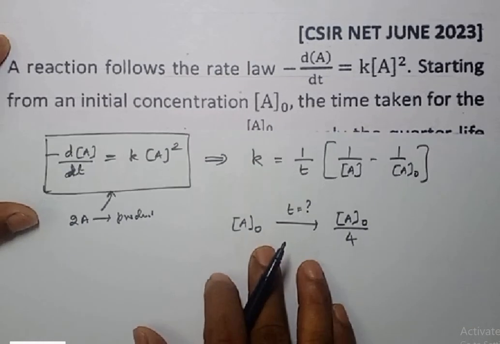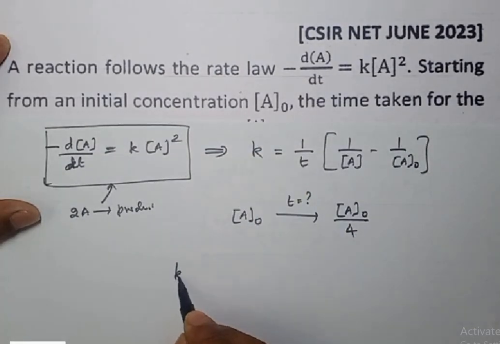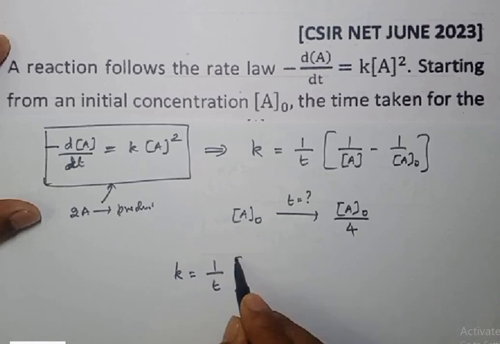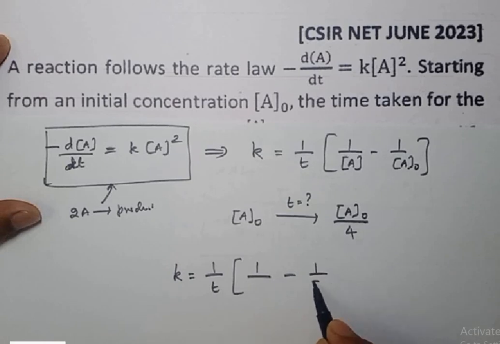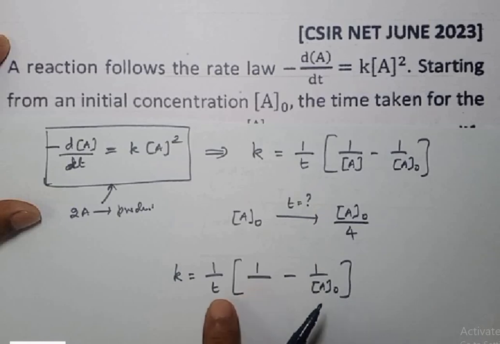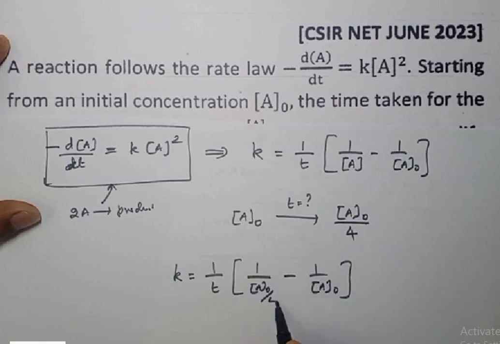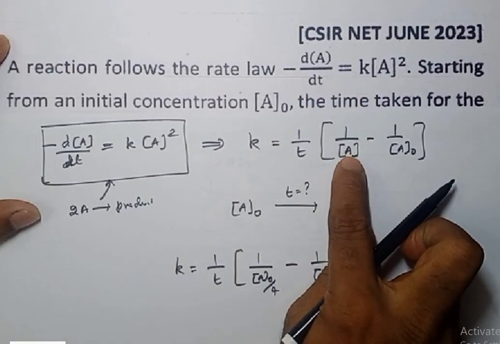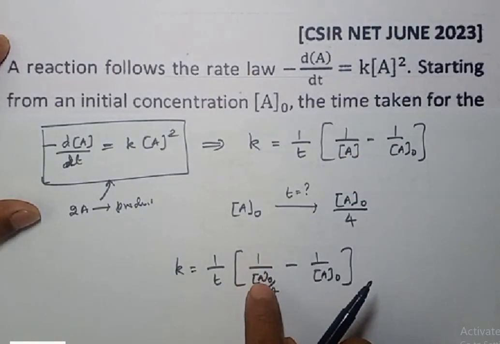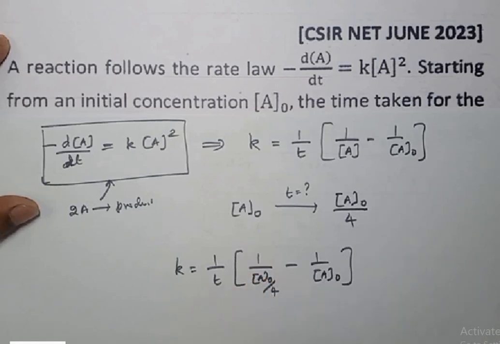So k is equal to 1 by t into 1 by, here first I will put this, this is the initial concentration, A naught. And we need to find the time when the remaining concentration, that is A, the concentration at time t, becomes A naught by 4. At one particular time, what is that time? That we need to find out.